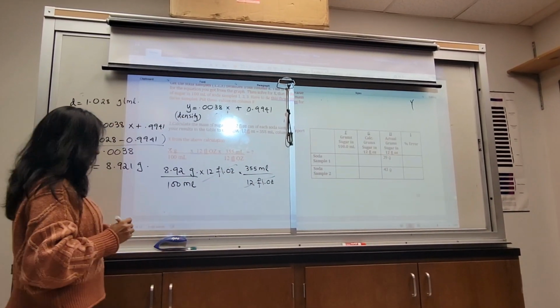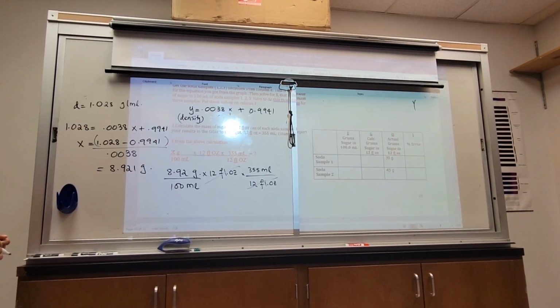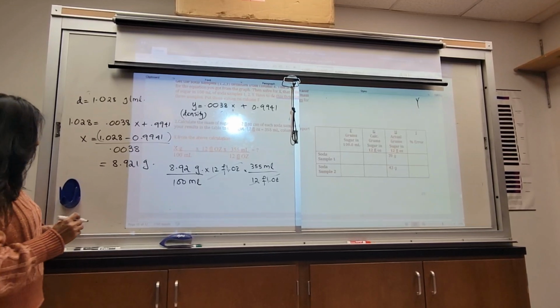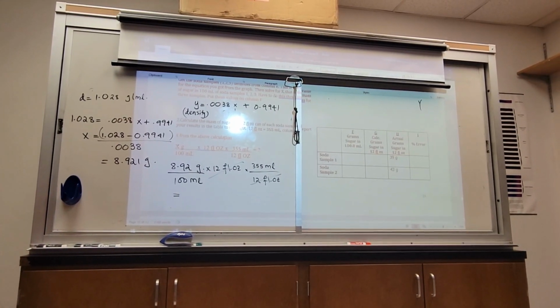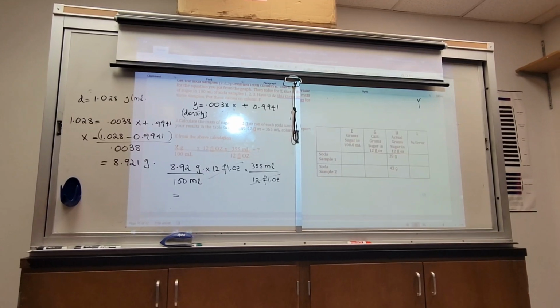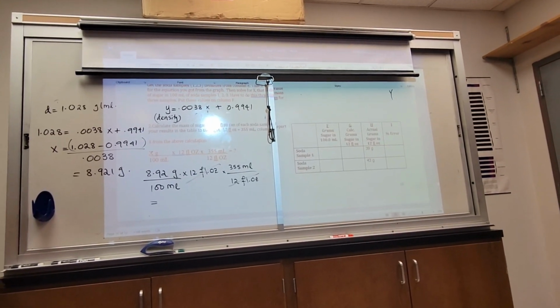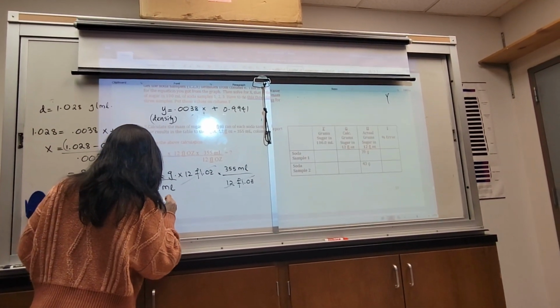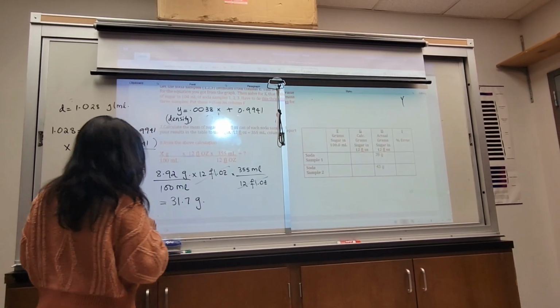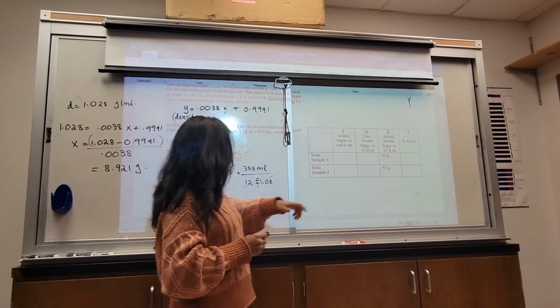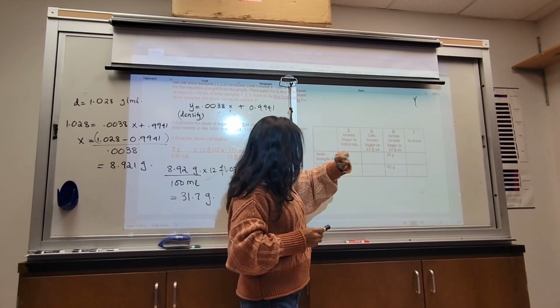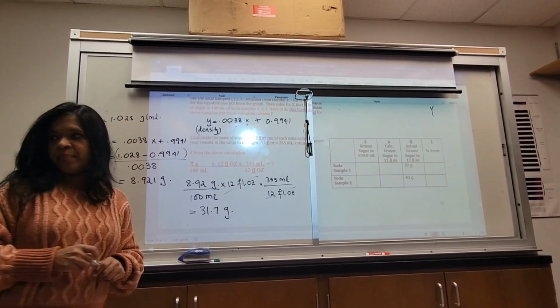So the 100 milliliters can basically get cancelled. And what's going to be the mass? Can you do the calculation, Brooke? Working on it? 31.7 grams. Okay, and you're going to write that down under G, calculated grams of sugar in 12 ounce sample.